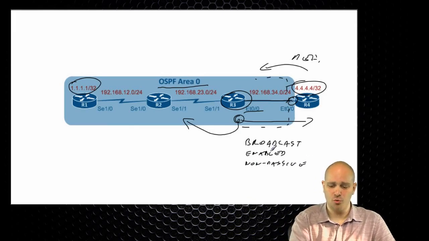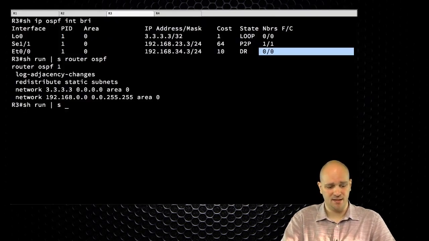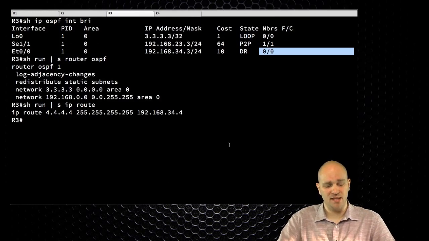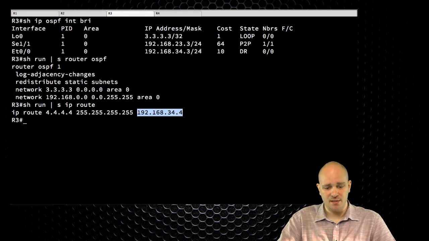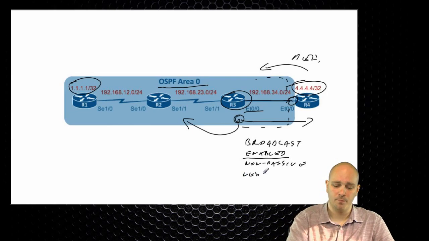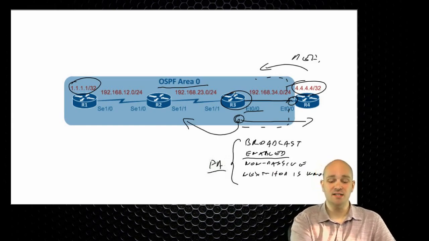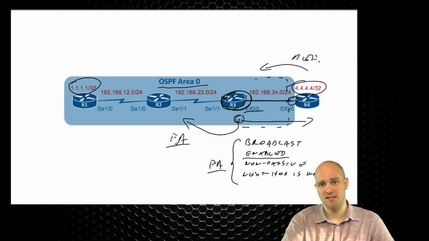Now, by virtue of OSPF being enabled on this interface, if I take a look at the static route that actually injects this route, it says 192.168.34.4, which is part of the subnet that is enabled for OSPF. The next hop of the external route being redistributed is known by OSPF. This tells me that the forward address will actually be installed on this LSA. So this is the reason why R3 installs the forwarding address on this LSA.